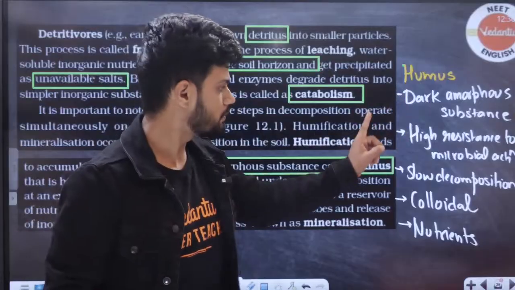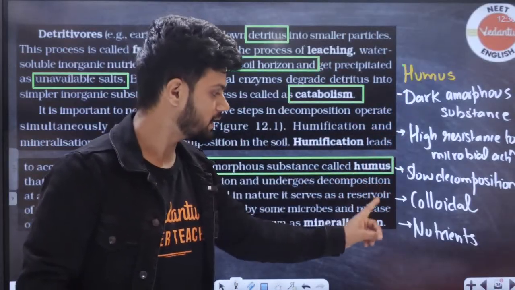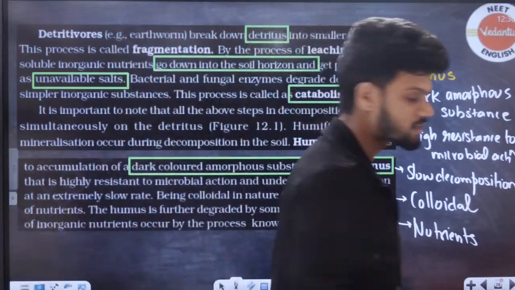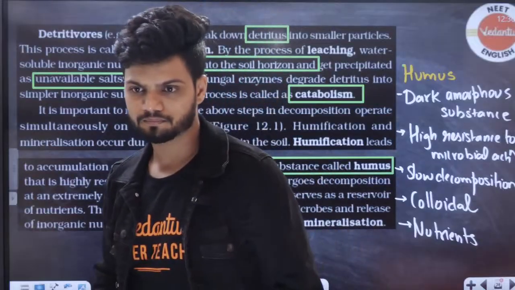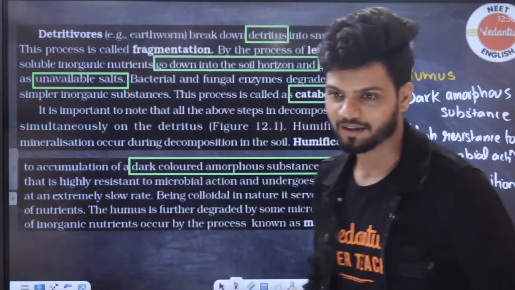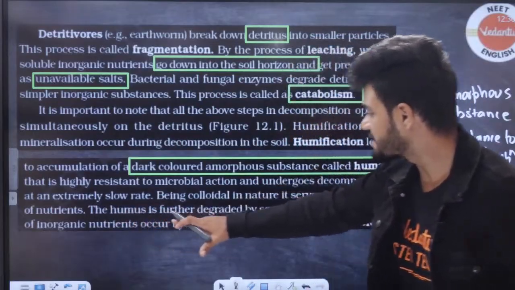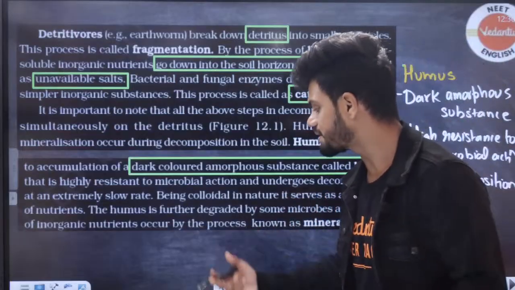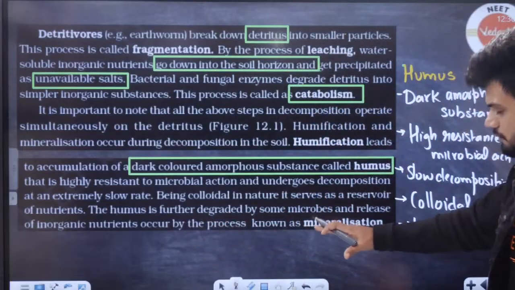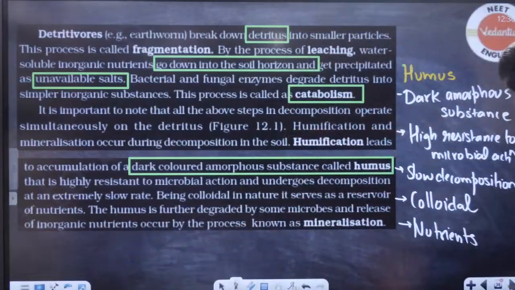Dark amorphous structure, highly resistant to microbial action, slow decomposition, colloidal, nutrient reservoir. The humus is further degraded by some microbes, and release of inorganic nutrients occurs by a process called mineralization. So in mineralization, inorganic nutrients are coming out.